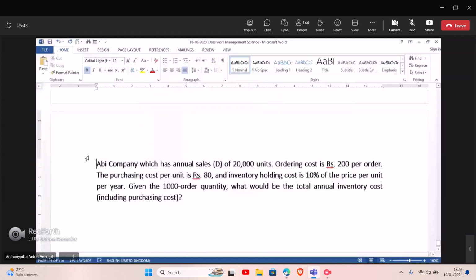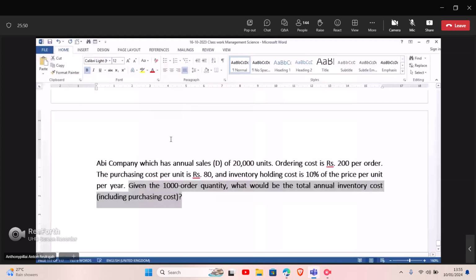Here, normally you can calculate EOQ. But here they have specified a given 1,000 order quantity. They are not asking for EOQ. They are asking, given the 1,000 order quantity, what would be the total inventory cost including purchasing cost? Right?